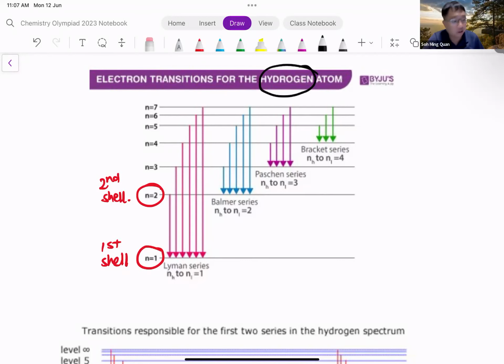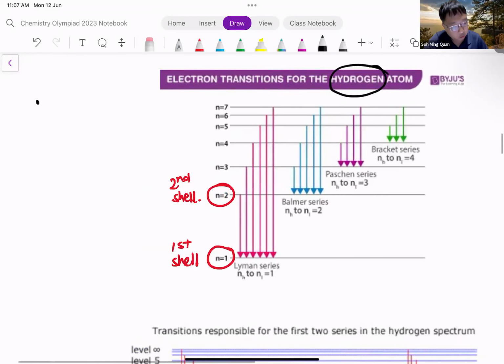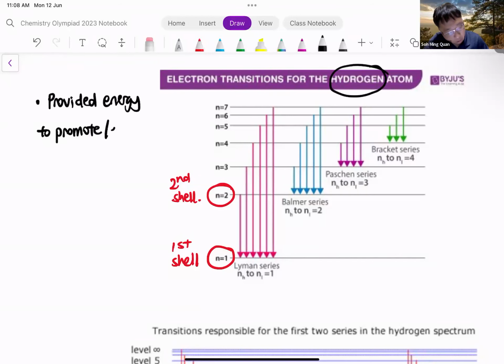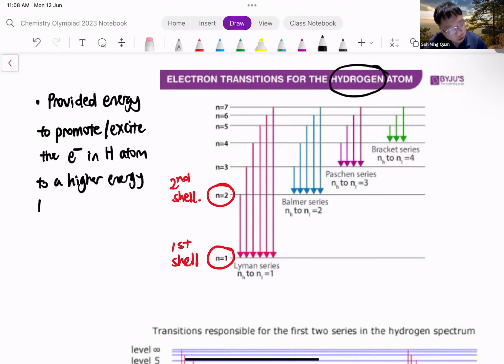So what Bohr did, or what other scientists did as well, they actually provided energy. And when you provide the energy, you can promote or excite the electron in hydrogen atom to a higher energy level or shell.